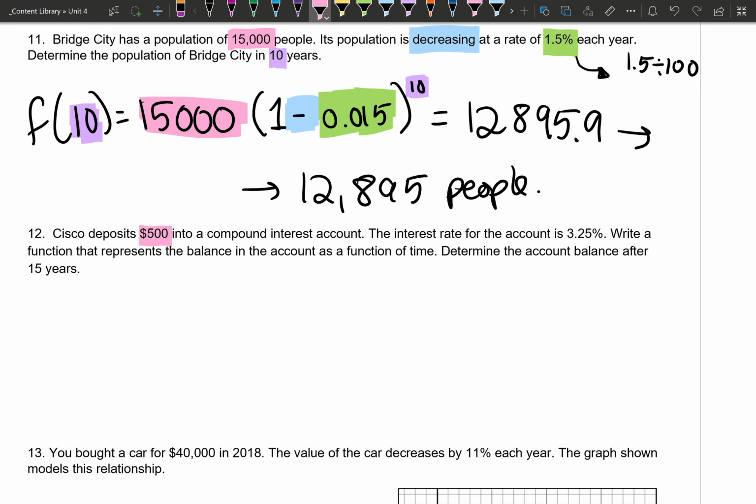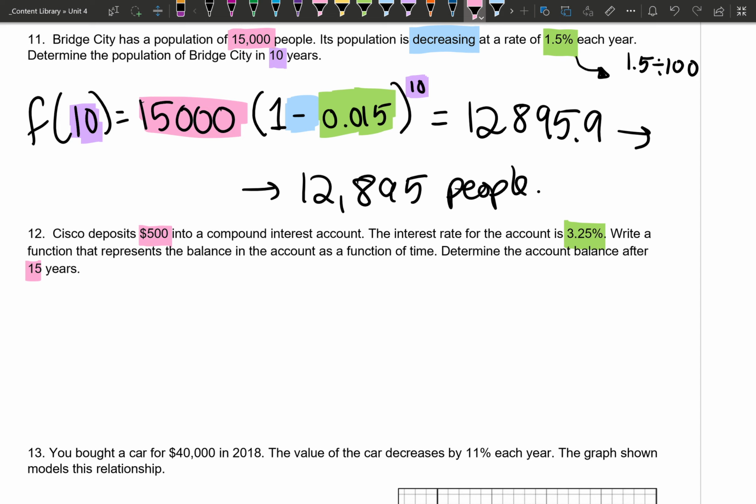Okay. Cisco deposits $500 into a compound interest account. The interest rate for the account is 3.25. Write a function that represents the balance of this account as a function of time and determine the balance after 15 years.